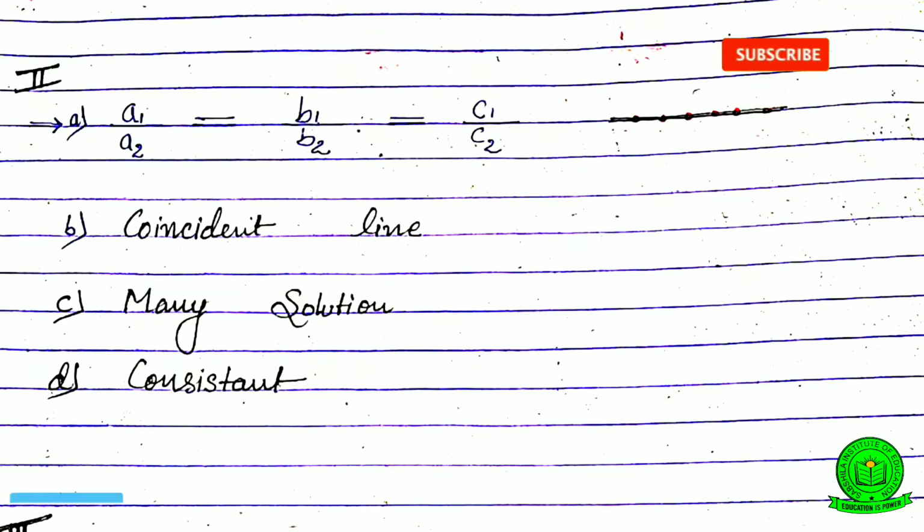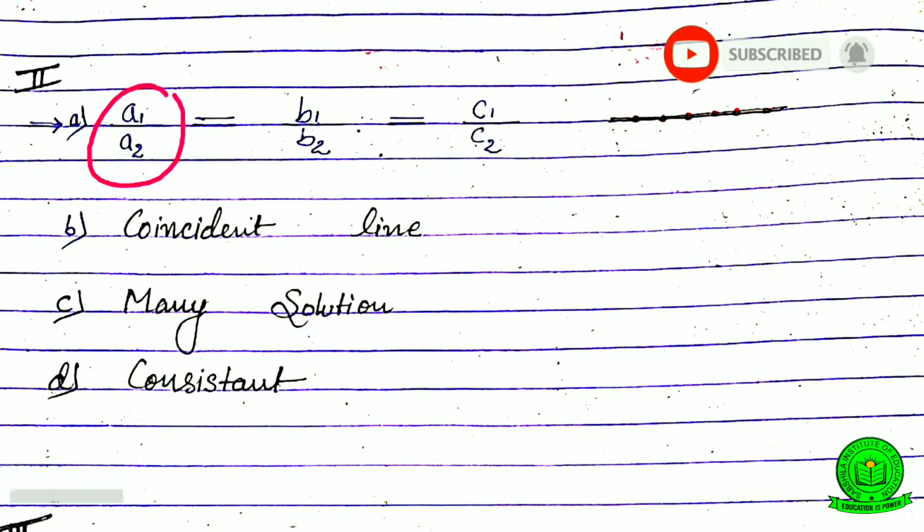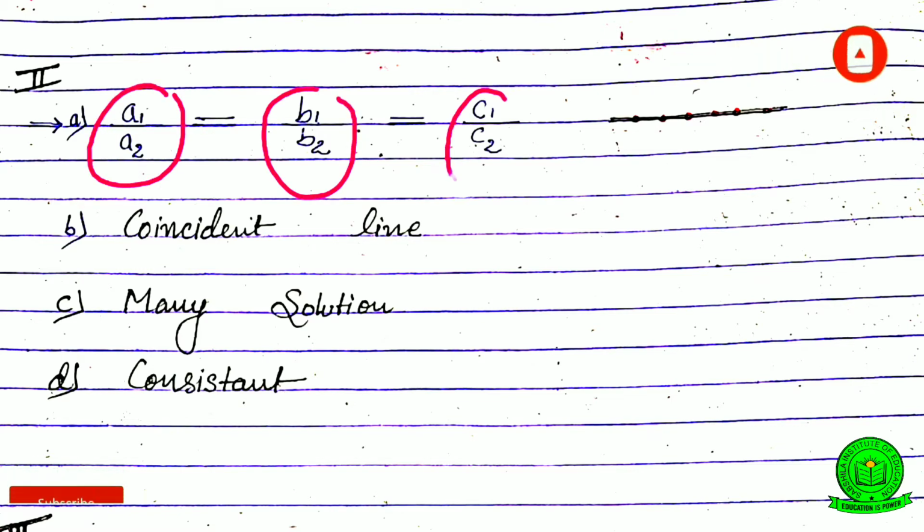In the second case, we have to compare a1 by a2, b1 by b2 and c1 by c2, and if these three are equal, then it will be a coincident line. Coincident line means overlapping lines.